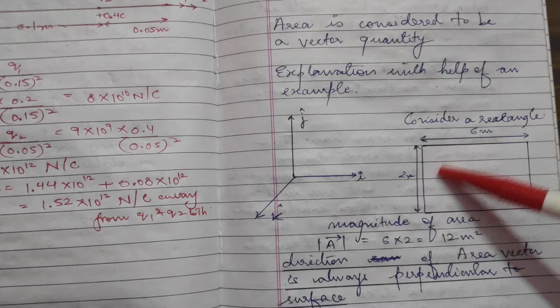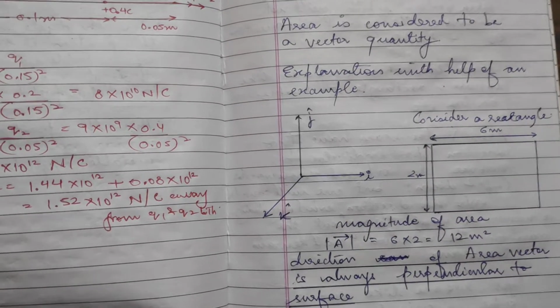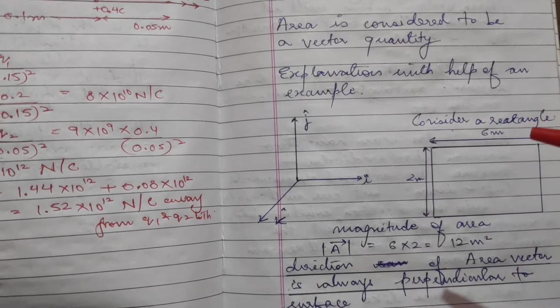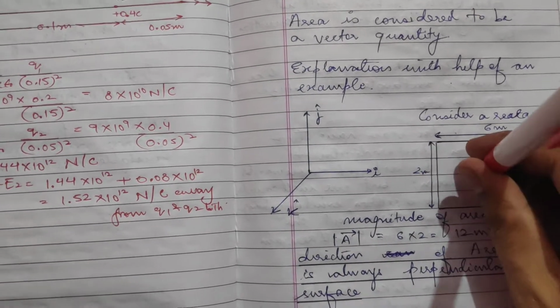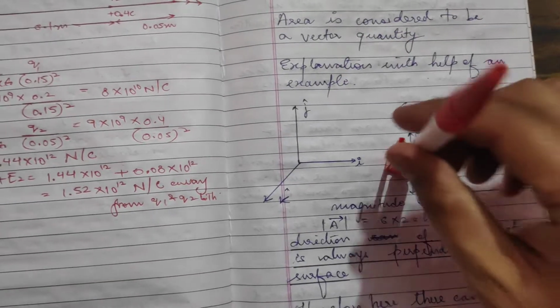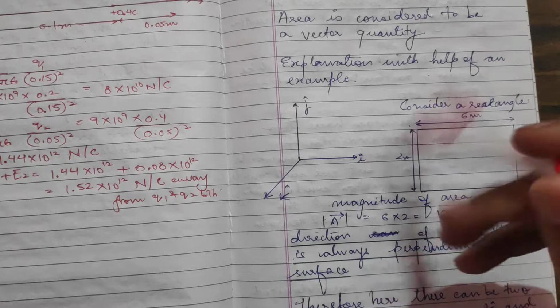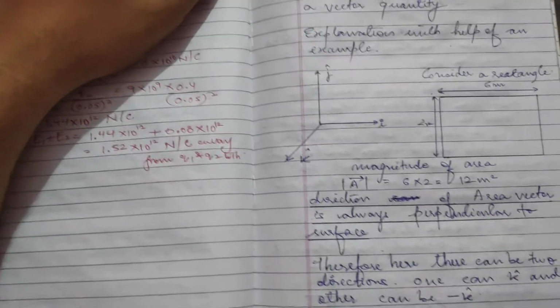And if this is the surface, direction of the area vector can be perpendicularly outwards, and it can also be perpendicularly inwards. Now there are two possible directions for the area vector over here.